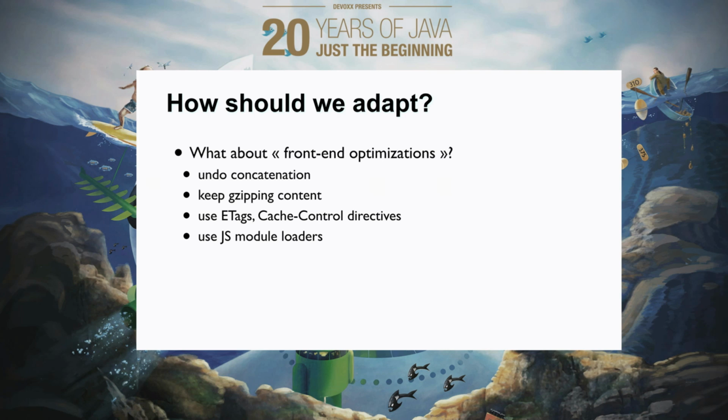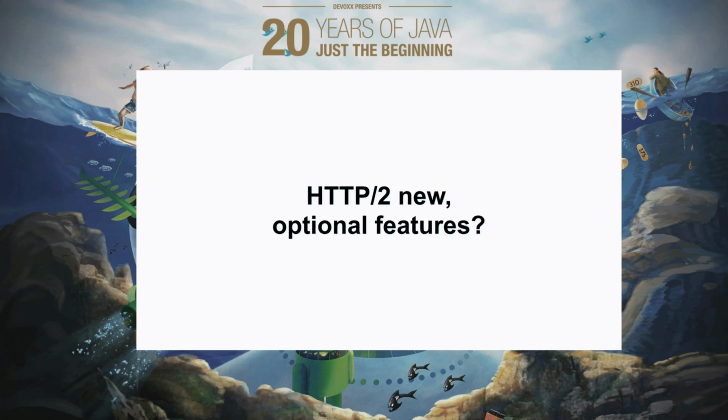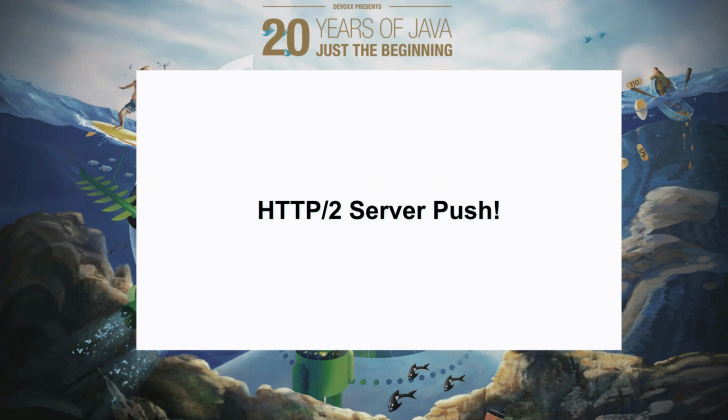But at that point, you may think, okay, I've heard about those new HTTP2 features. I heard they're really great. And you're right. There's HTTP2 server push. Server push is a new, and I insist, optional feature of HTTP2. The server can now push responses before the client even asks for them. So usually what people tend to think at that point is, okay, I know what I'm going to do.